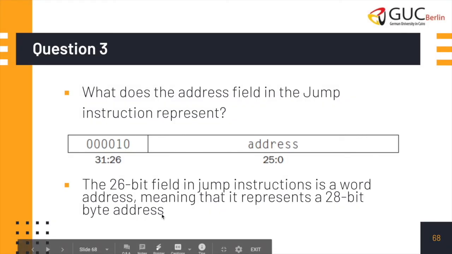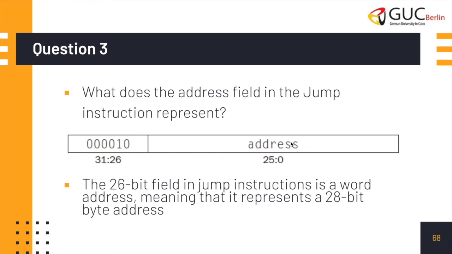This is the answer. The 26-bit field in jump instructions is a word address, meaning that it represents a 28-bit byte address. So what happens is that this address field does not actually contain the byte address. It contains a word address. And if you remember, words are 0, 1, 2, 3, but bytes are 0, 4, 8, and 12.